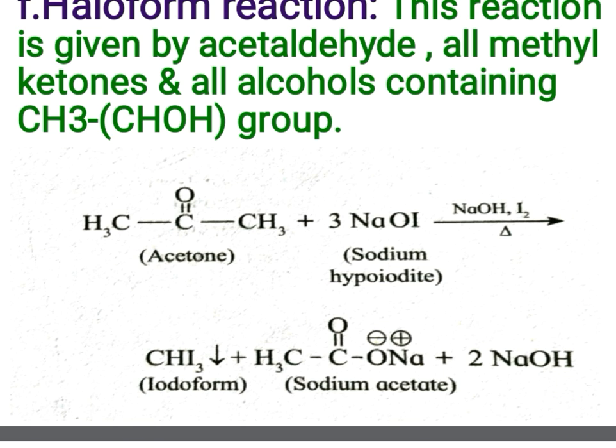It reacts with sodium hypoiodide, that is NaOI, in presence of sodium hydroxide and I2 as medium. The products formed are CHI3, that is CH from acetone with 3 iodine. Next product is sodium salt of carboxylic acid which contains one carbon atom less than the substrate.